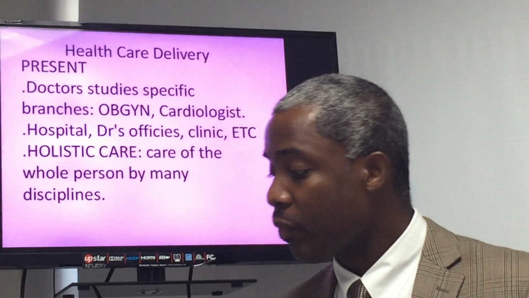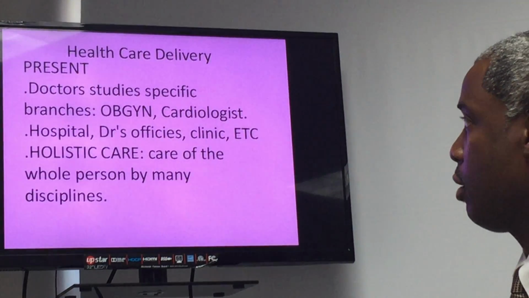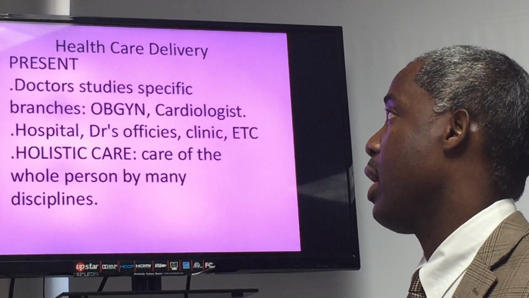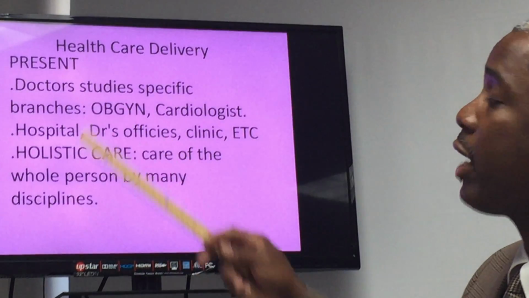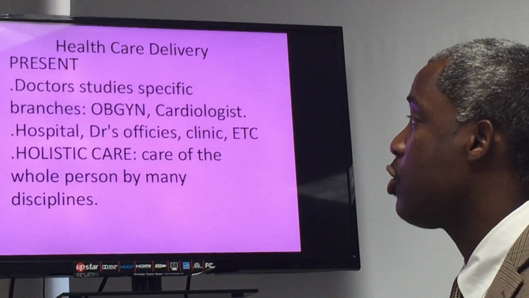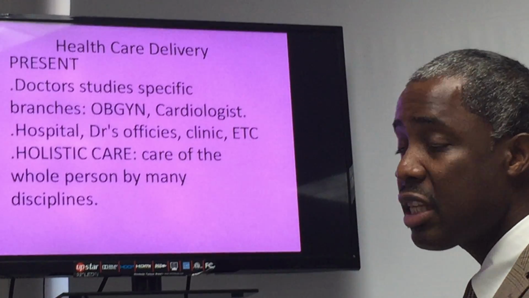But today, it's a lot different, because today doctors spend a lot more time in school. They have a lot more education. They study specific branches.